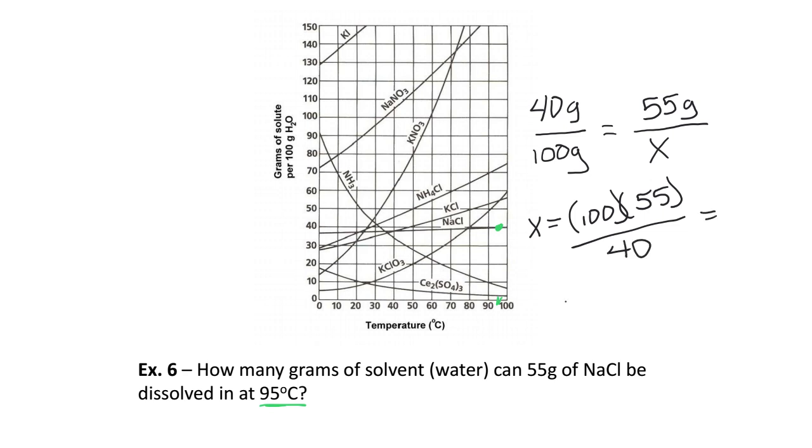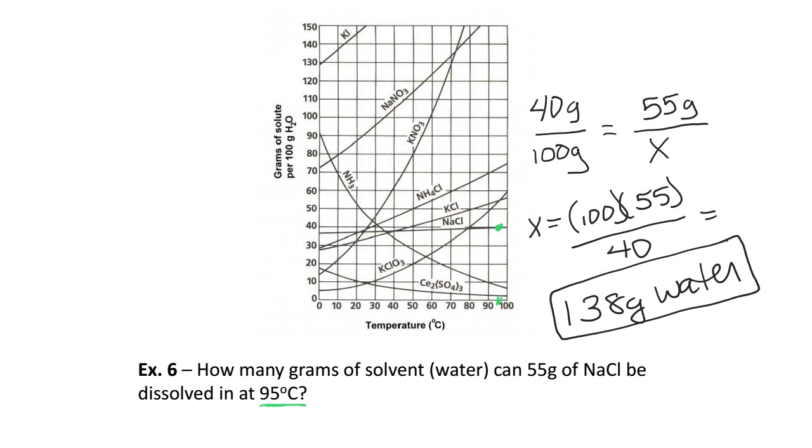When we do that calculation, we get 138 grams of water as our answer. So if I have 55 grams of NaCl at 95 degrees Celsius, I need to use 138 grams of water. Okay, hopefully you guys understand this.